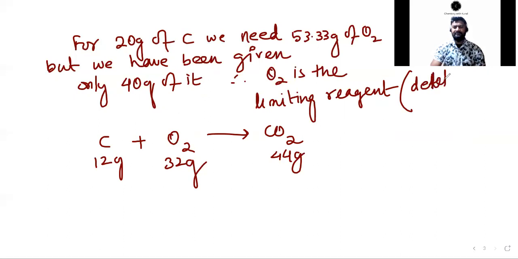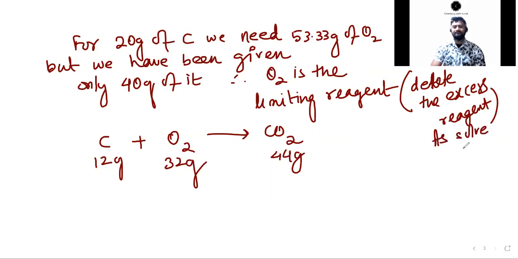This is how it works. Once you find out the limiting reagent, delete the excess reagent, and solve the question using the unitary method. That's it. Simple. Not a big deal.